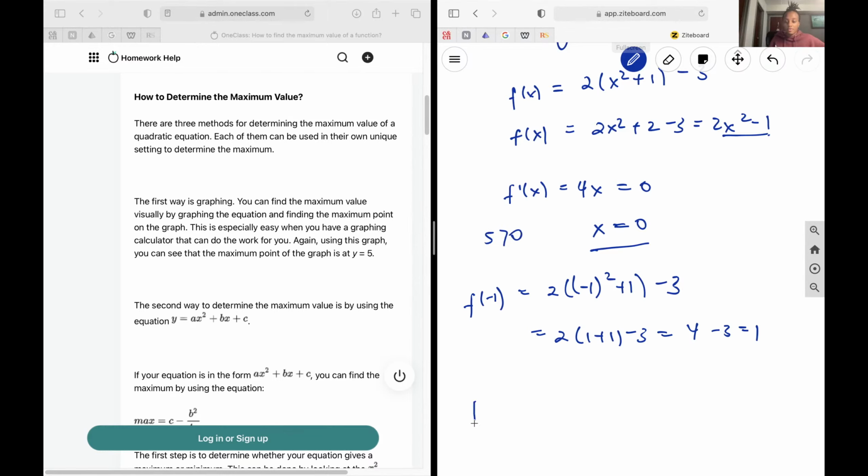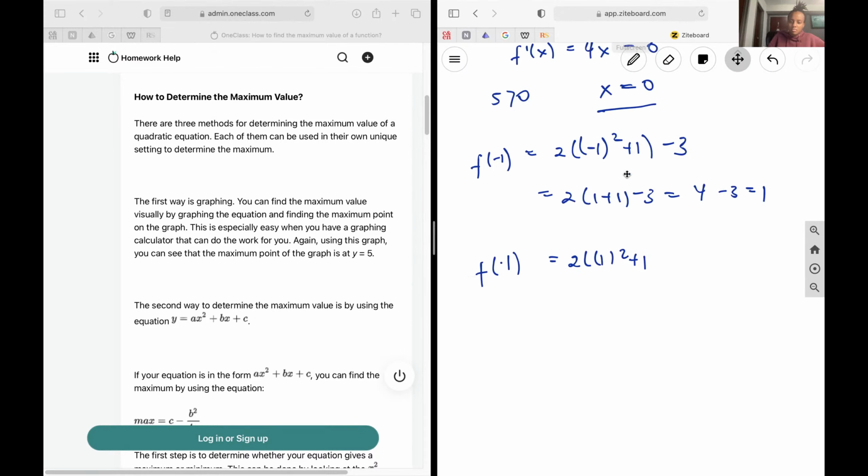Now let's check after. I'll get 2 into 1 squared plus 1 minus 3, and again I will get 2 by 2 minus 3, which is 4 minus 3.